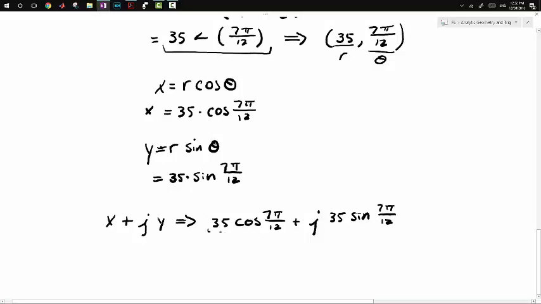We can factor out these 35s. So that's our radius. Then we'll be left with cosine of 7 pi over 12 plus j sine of 7 pi over 12.